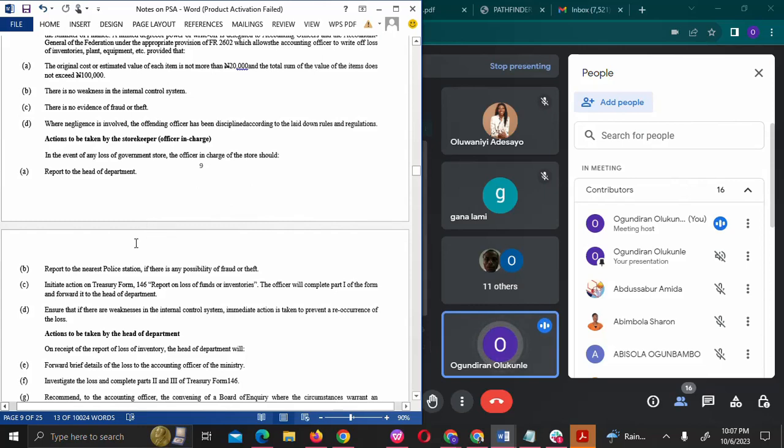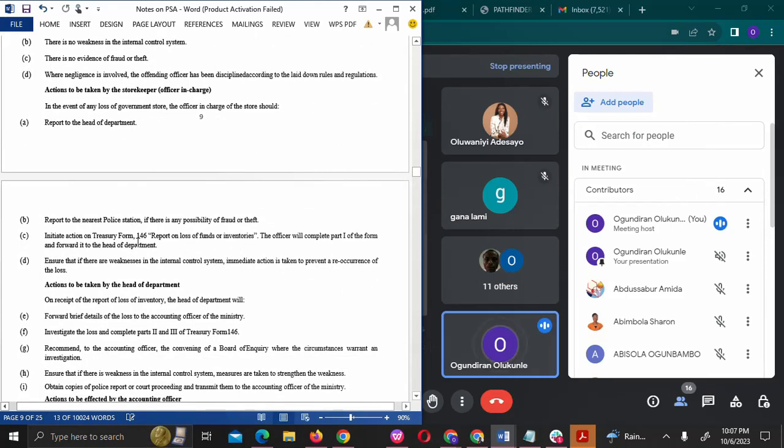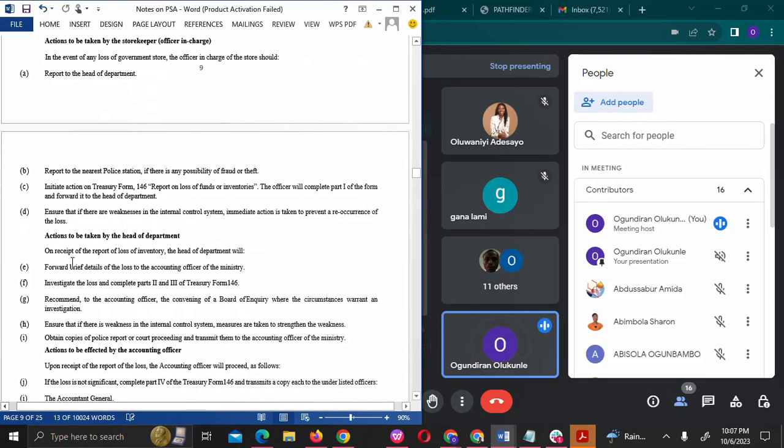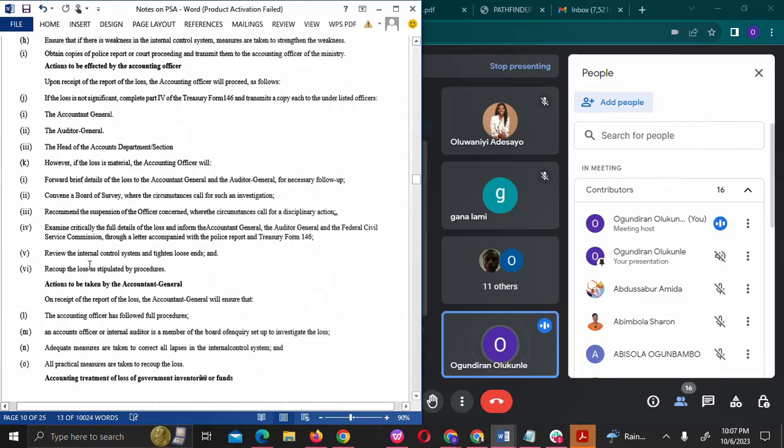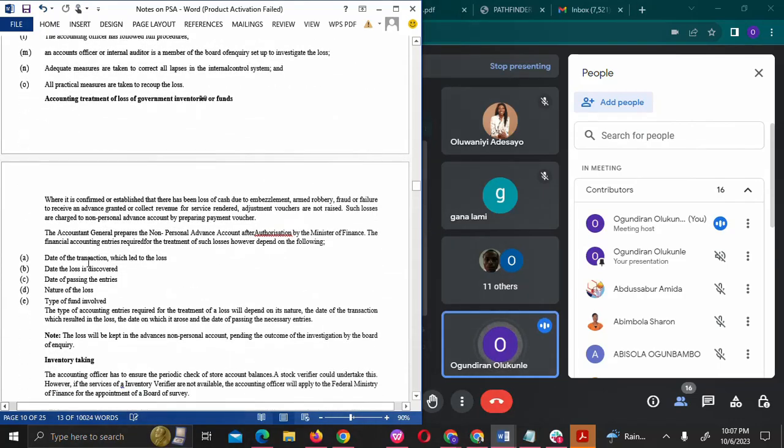Then also initiate action on treasury form 146, complete part one of the form and forward it to the head of department, and also ensure that if there are weaknesses in the internal control system, he reports the weaknesses and makes amendments. Then we have in the notes the actions to be taken by the head of department. I will send the notes to you so you can quickly check it out on your own.